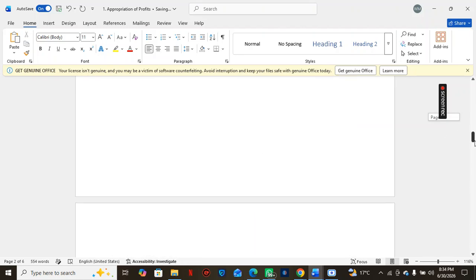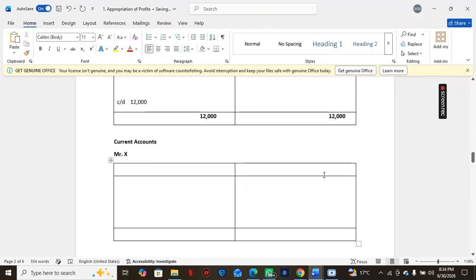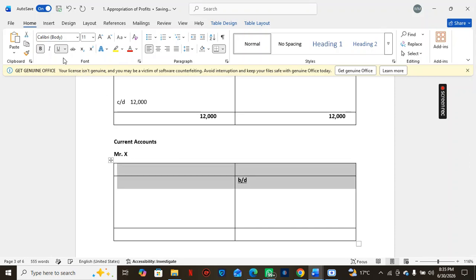The balances are usually on the credit side. So when we say balance brought down, Mr. X 1,500.